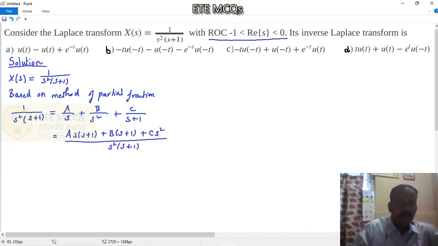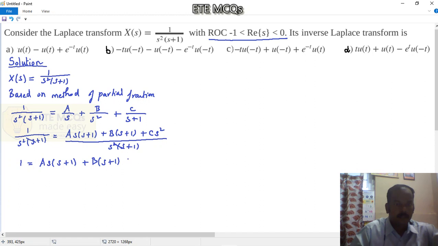The same thing you have on the left hand side, 1 divided by s squared into (s plus 1). So upon cancellation of the denominator, finally we have 1 equal to A into s into (s plus 1) plus B into (s plus 1) plus C into s squared.